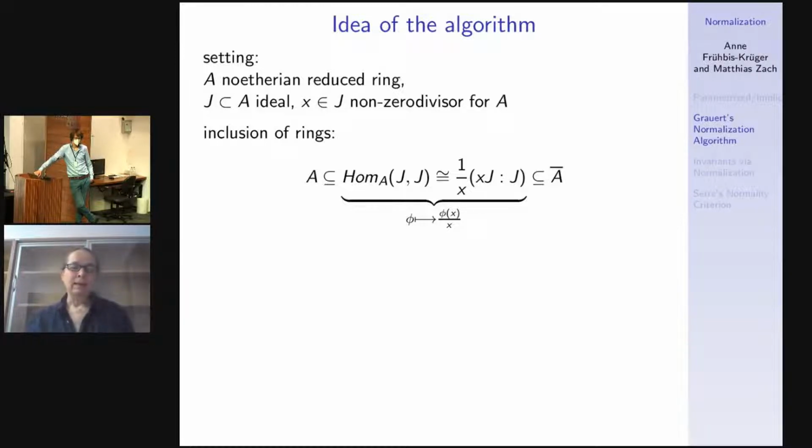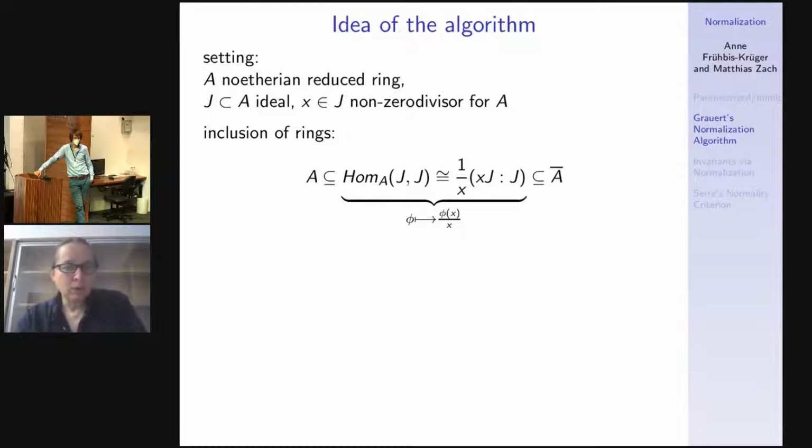So at this point, we see that the map is indeed well defined, and it can be checked explicitly that we have an isomorphism here. And of course, this ideal quotient times 1 divided by x is contained in the quotient field of A, obviously, since the ideal quotient itself is in A. And it is also not hard to show that it is in the normalization.